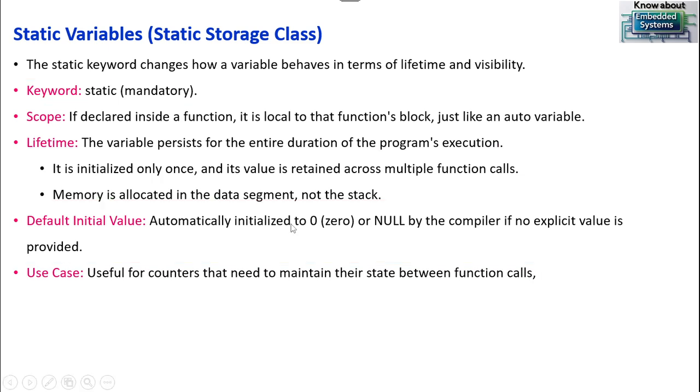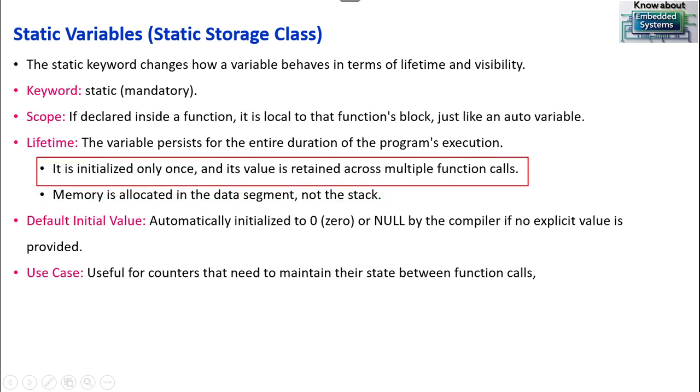So throughout your main program, your static variable will be running. So what is the advantage of this? The lifetime of this static variable is that it is initialized only once, and its value will be retained across multiple functions. This type of variable is called a static variable.